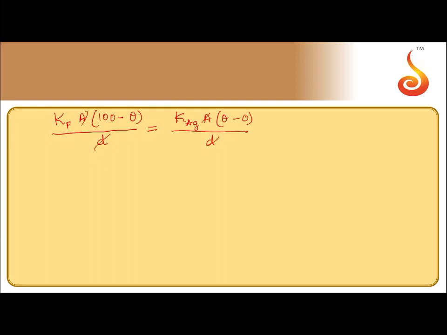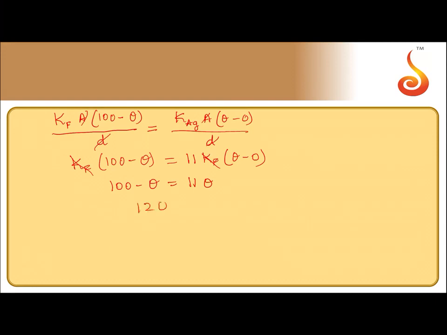So Kag is 11 times Kf, substitute that: Kf into 100 minus theta is equal to 11 times Kf into theta minus 0. Kf gets cancelled, 100 minus theta is equal to 11 theta.